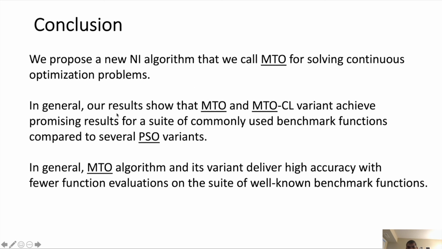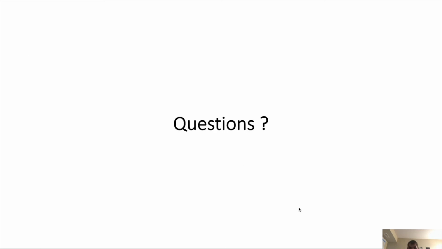In general, our results show that the MTO and MTO-CL variant achieve promising results for a suite of commonly used benchmark functions compared to several PSO variants. The MTO algorithm and its variants deliver high accuracy with fewer function evaluations on a suite of well-known benchmark functions.